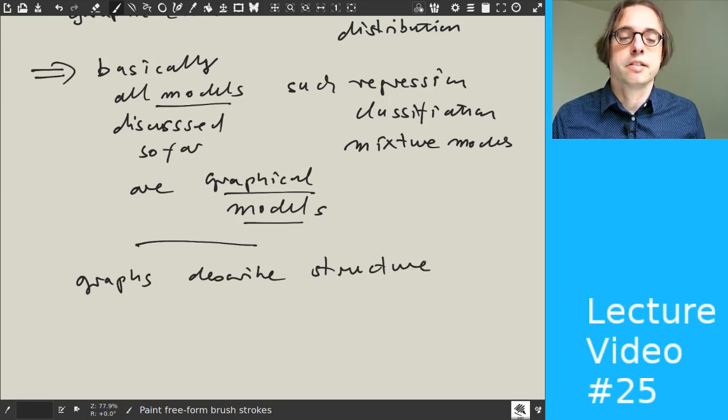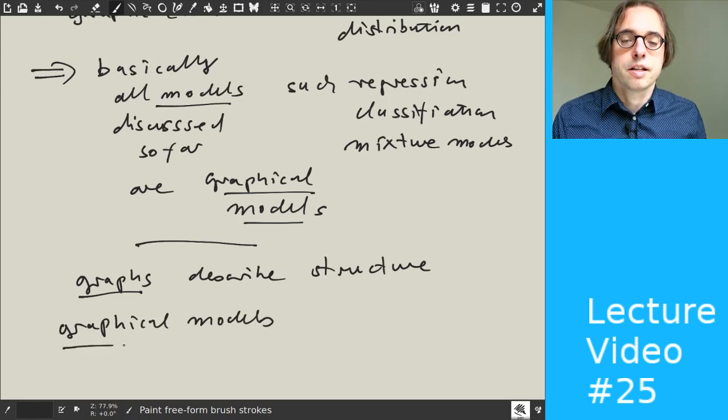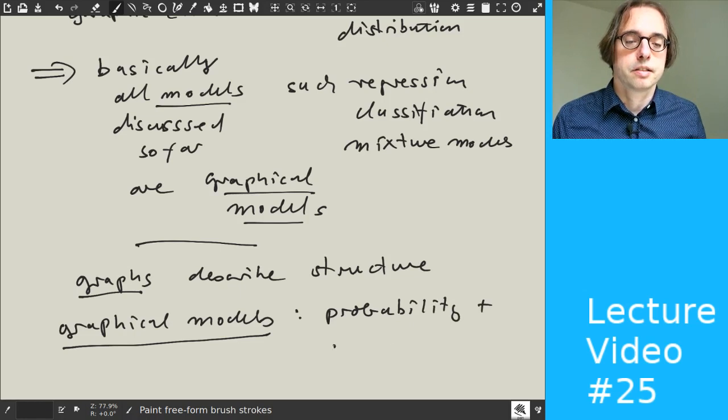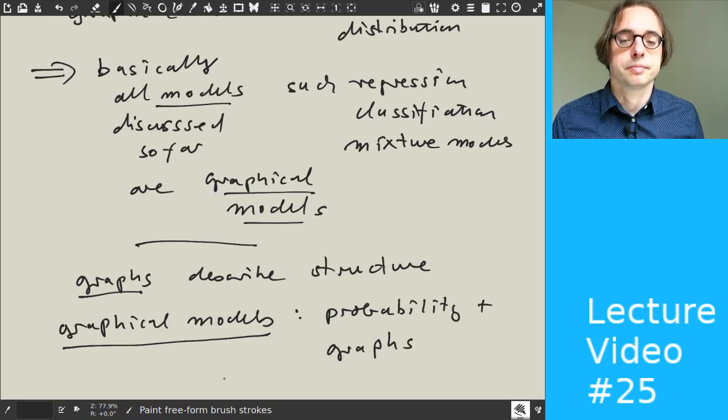We have a visual representation of our dependencies or independencies, depending on the models. So graphical models are probability plus graphs, in a simplistic fashion, obviously.